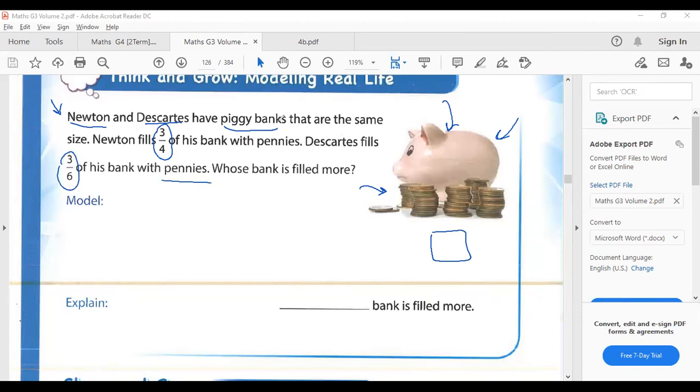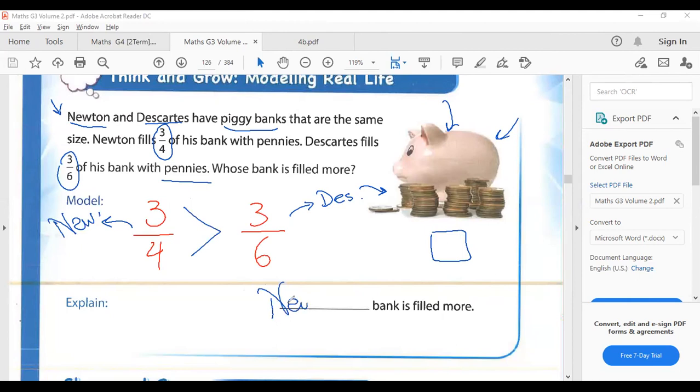Whose bank is filled more? Newton is the winner. How? You mean that 3 over 4 is for Newton and 3 over 6 is for Descartes. Yes, Newton is more than Descartes. Excellent. So Newton's bank is filled more.